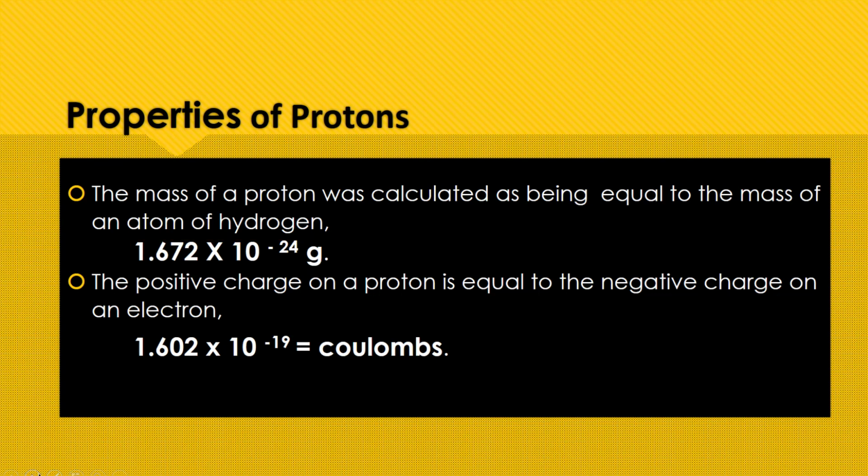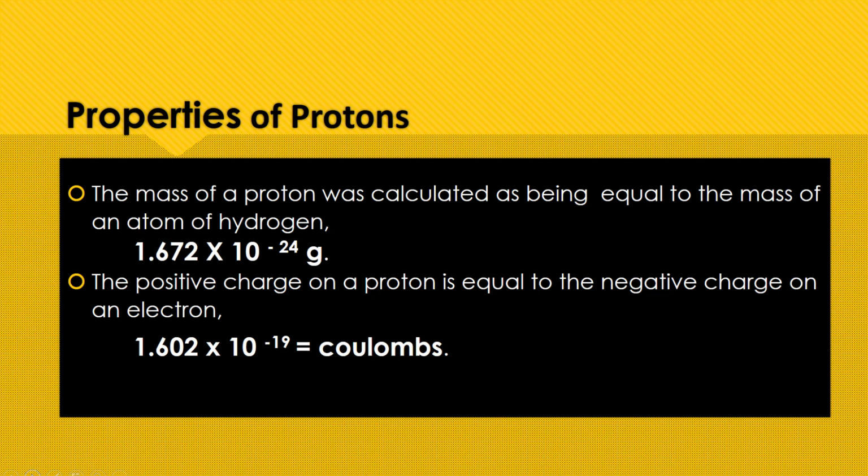Children, we already discussed in electrons that the mass of an electron is also calculated on the basis of the mass of an atom of hydrogen. In the same way, the mass of a proton is also equal to the mass of a hydrogen atom, that is 1.672 × 10^-24 grams.